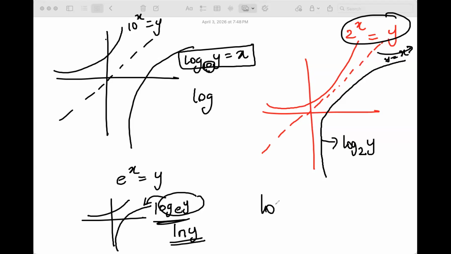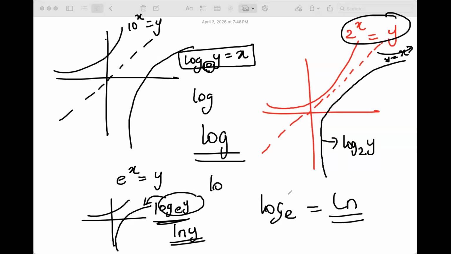We write log base e as ln, the natural log function. Whenever you write log, it means log base 10 unless any other base is specified. But whenever we have log base e, we write it out as ln.